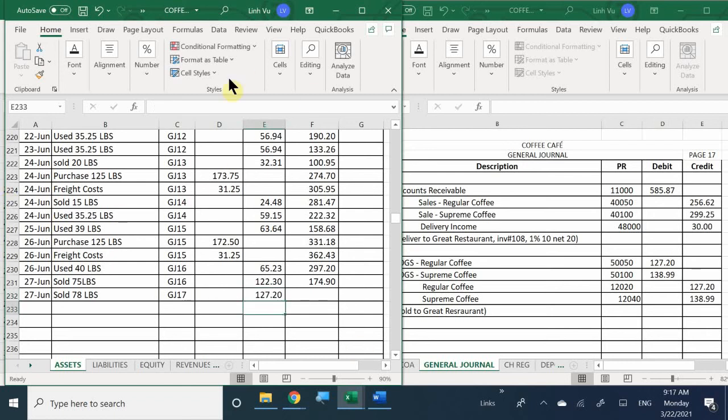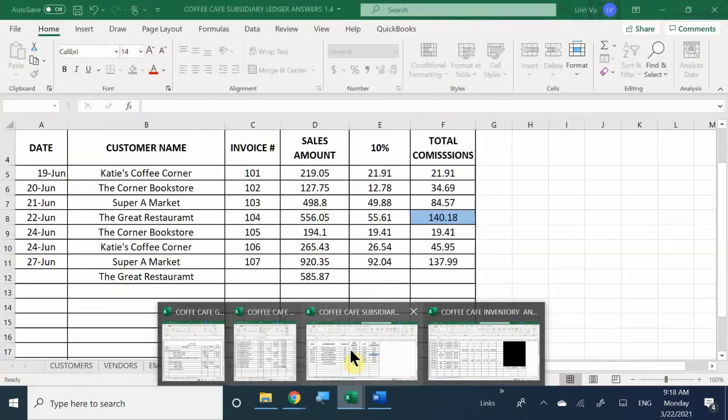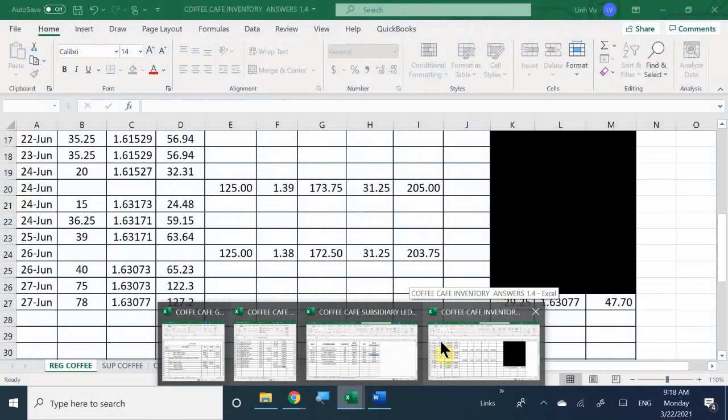So what's my new ending balance? 30.27. Say that again? 47.70. Oh, yeah, 47.70, which is exactly what we calculated in our inventory worksheet.